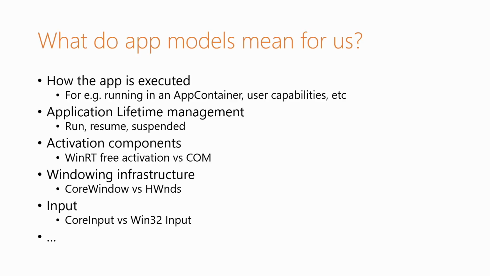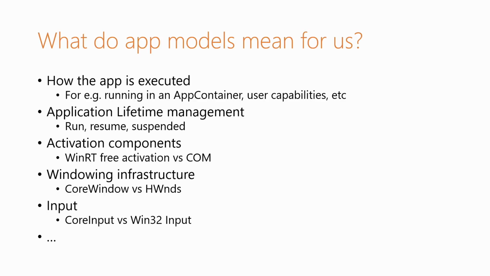What is the process that is running this application? Is it using an app container, or some kind of user capability in this container? Another question is about the application lifetime management. How does it look? Can it run, resume, suspend, all those things? You know that Win32 and UWP have different application lifetime management.